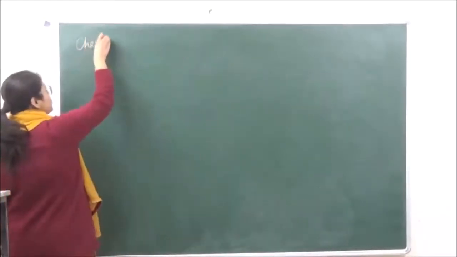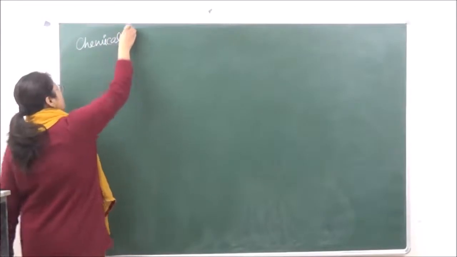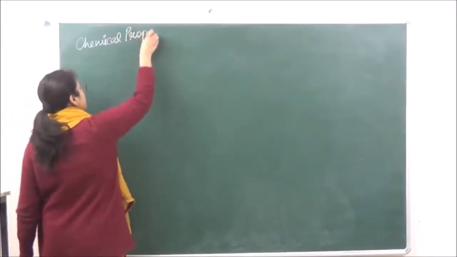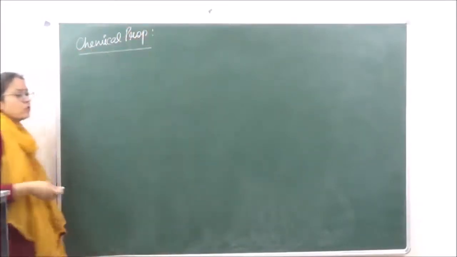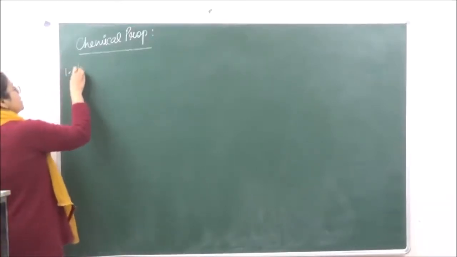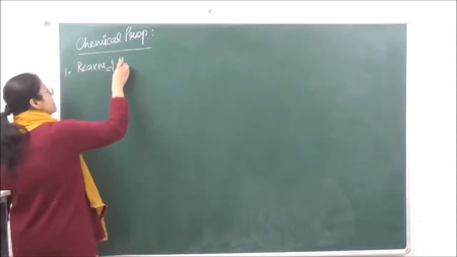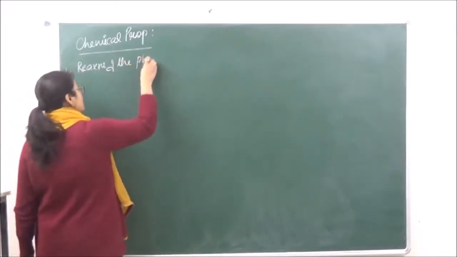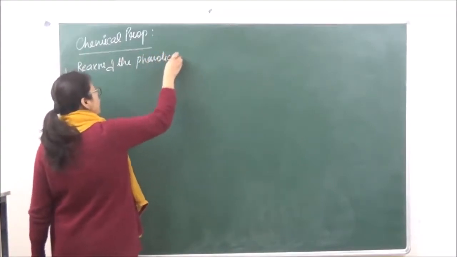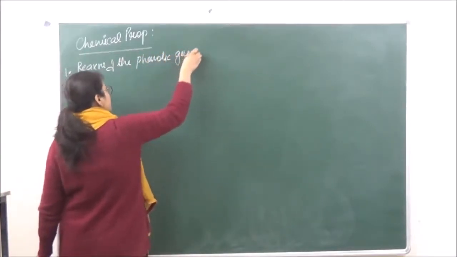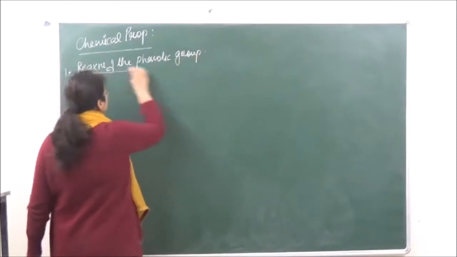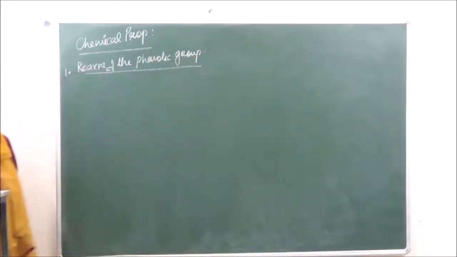There are three types of reactions which we are going to study over here. The first type of reactions are the reactions of the phenolic group. The phenolic group over here is the OH group which is going to be present.